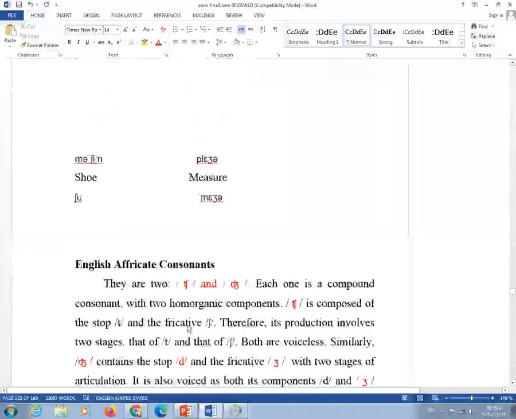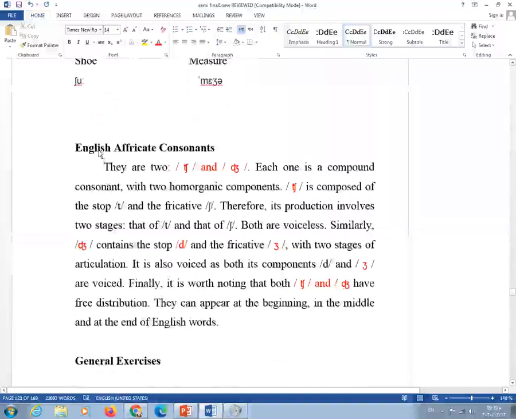Then we have another group of consonants, English affricate consonants, and we have only two. We have ch and j, and as you see, each one is a compound consonant with two homorganic components. Homorganic means very similar to each other. T and ch are similar because both are voiceless. And the second, d and j, which make the j sound, are also similar.